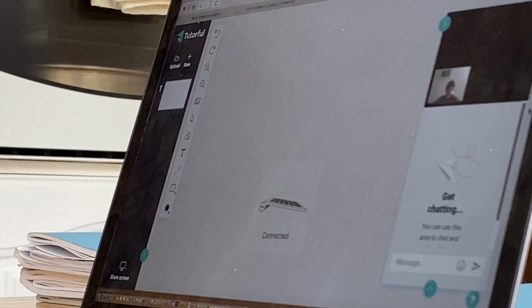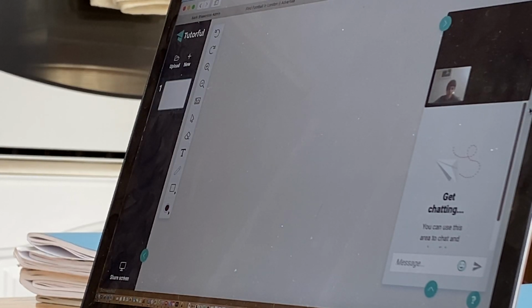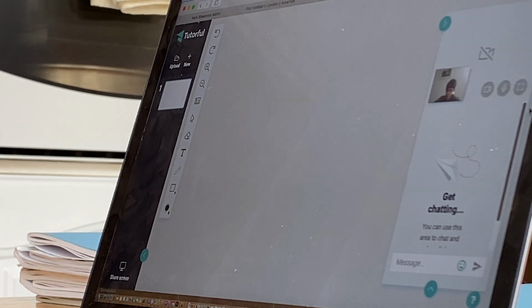I don't see anything on the board. It's just white. Oh, really? Should I refresh? No, hang on. Can you see it now? No, it's just black. Because it says you're sharing your screen.